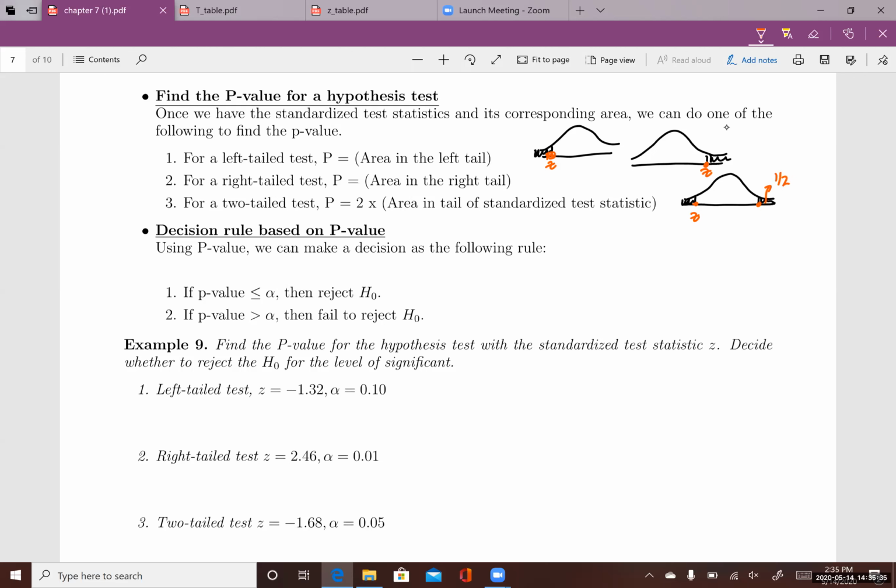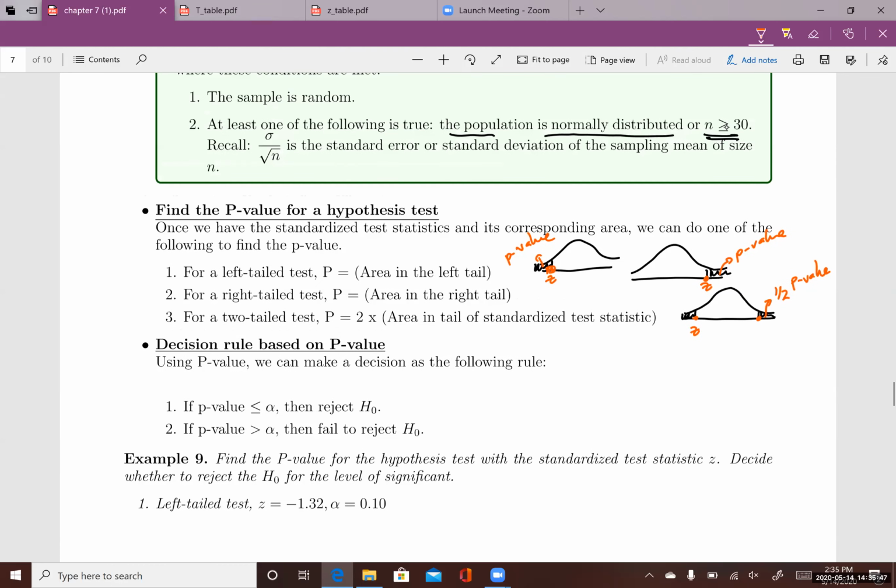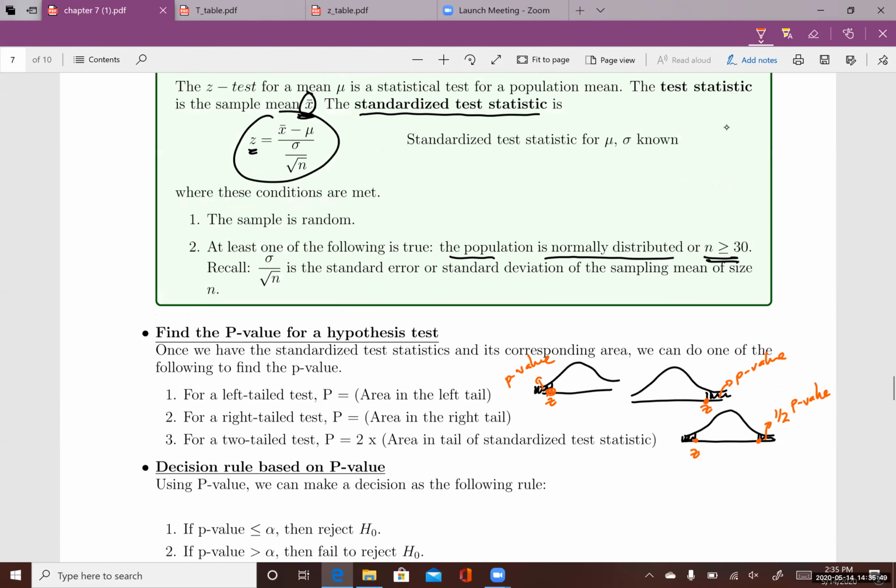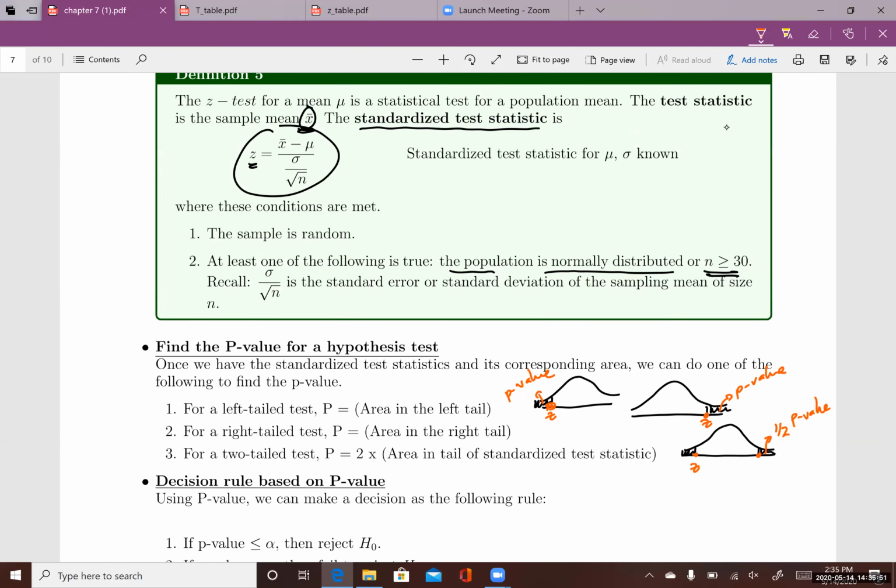So this area here is 1/2 of the p-value. This area here is actually the p-value. And this area here is the p-value. Again, the z here is a standardized test statistic that you find using this formula right here.